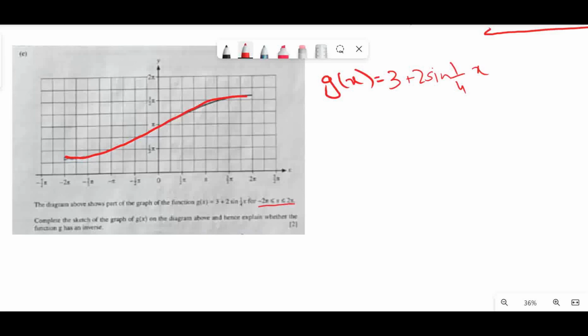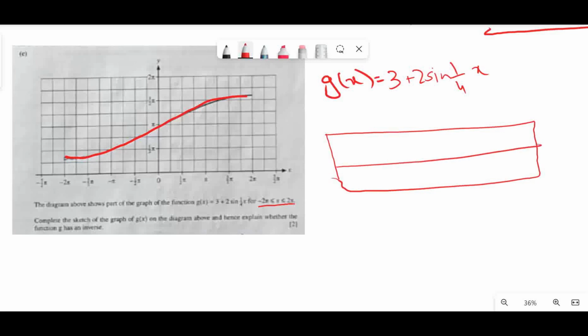So what we have to do is simply make a table over here, just like we did in functions of O levels. We put in the values of x and we will get the value of g of x.